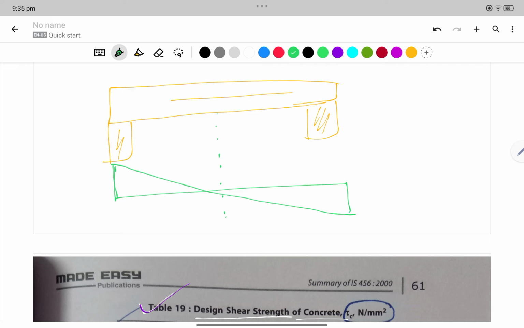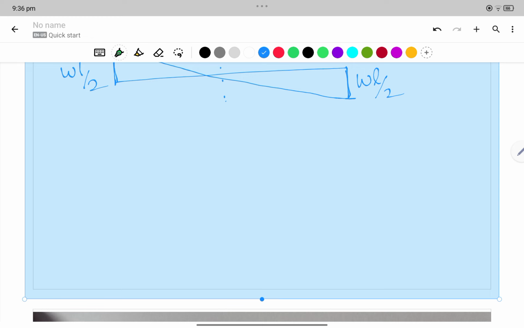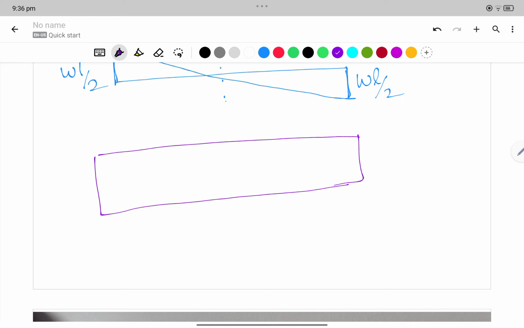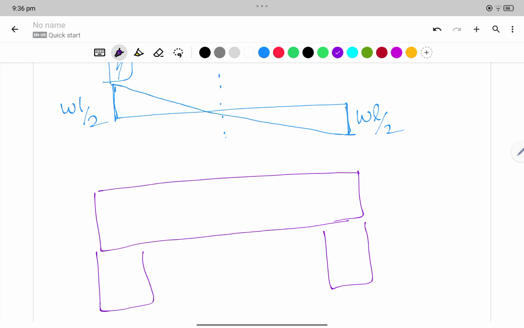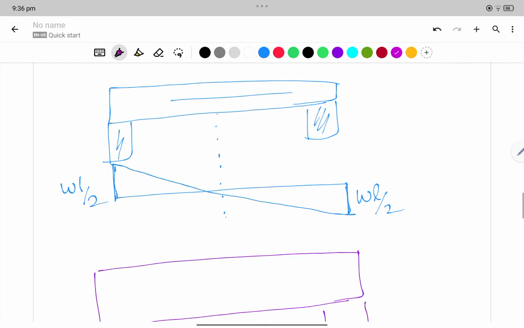The shear force will be maximum at the support, and that value will be WL by 2 at both ends. So how will we provide the stirrup? Again we draw the beam. Near the support we will provide the SV value we have calculated.